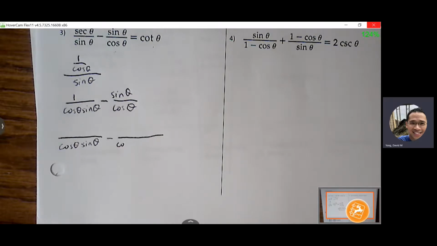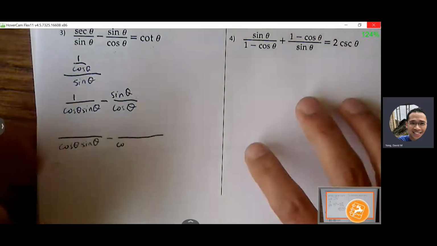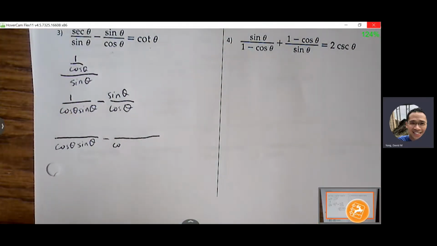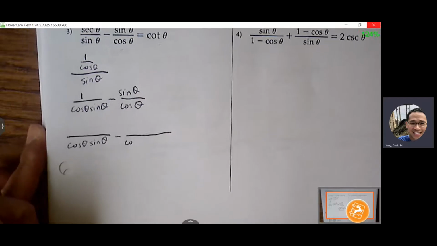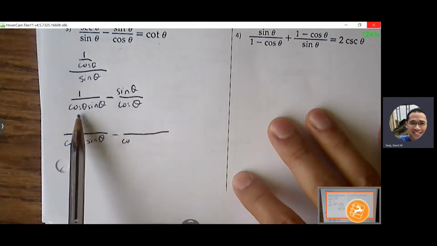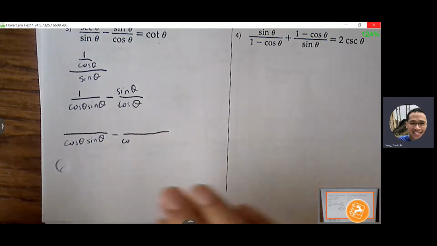You just know from these, 1 over sine is cosecant. Then this time you have 2 over sine, so it's 2 cosecant. Make sense? Okay, so I need to find common denominators here.